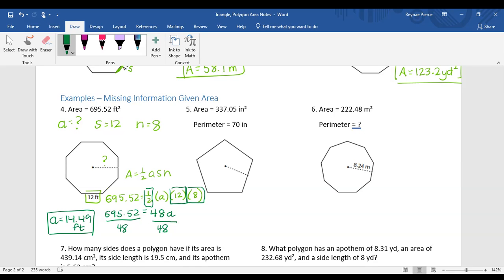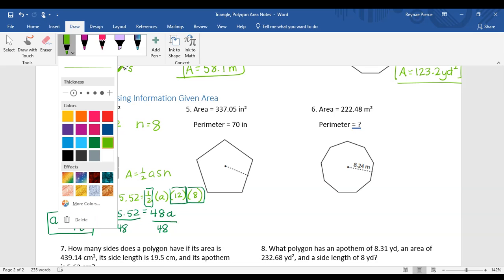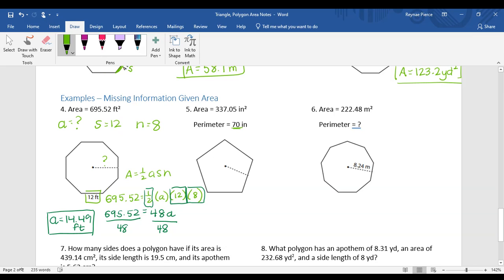Number 5 here, I'm given my perimeter. So I'm going to be using the 1/2 AP. I've got perimeter, I've got area. I do not know my apothem again. So I'm going to substitute 337.05 equals 1/2 times the apothem that we don't know times my perimeter.